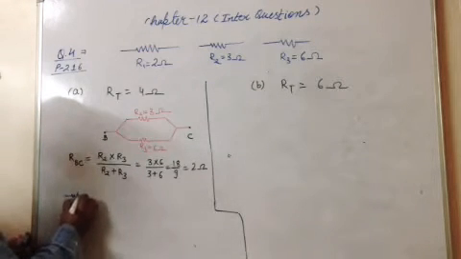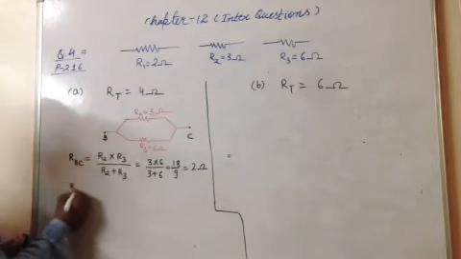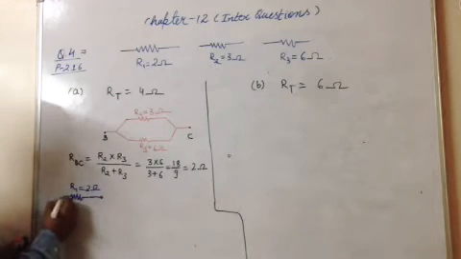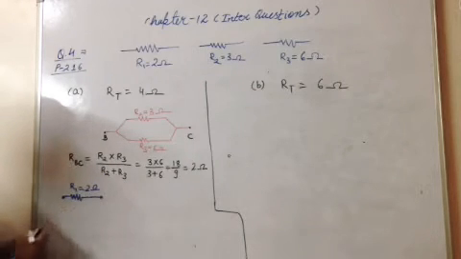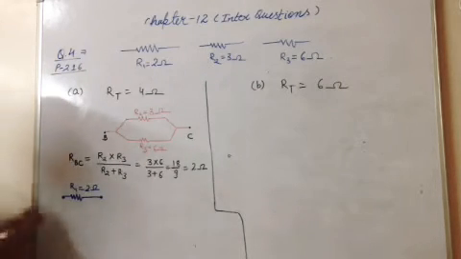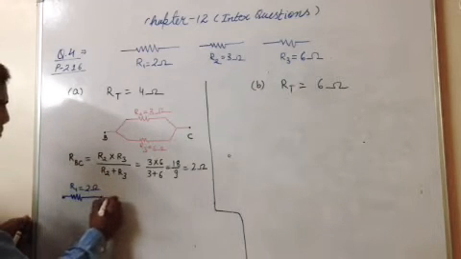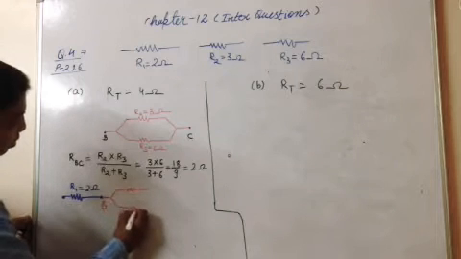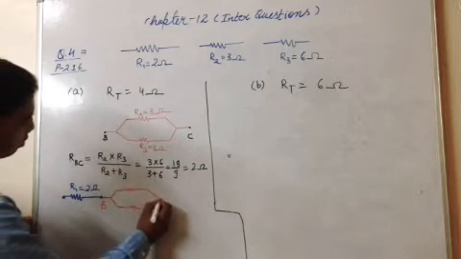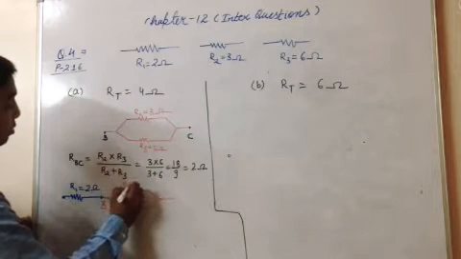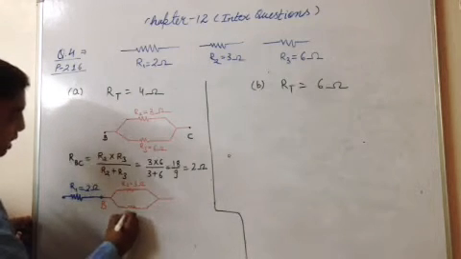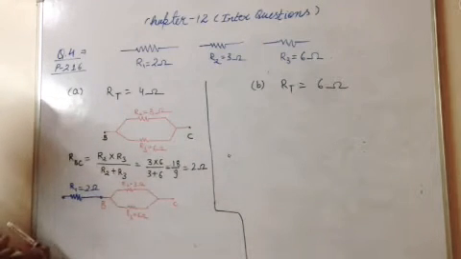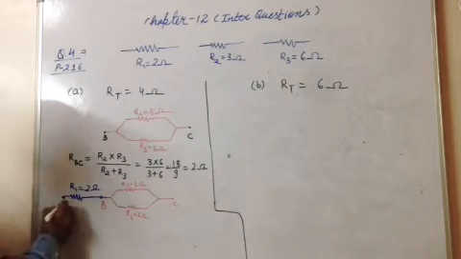If you take the first resistance R1 whose value was 2 ohm, and connect it with this combination, with this combination, this was point B. This was R2, 3 ohm, and this was R3, 6 ohm. This was point C, and this was point A.